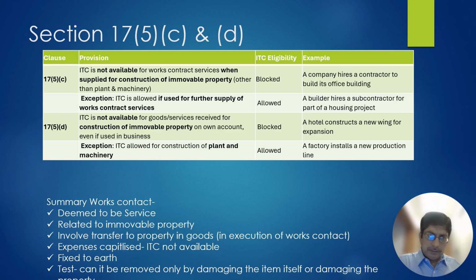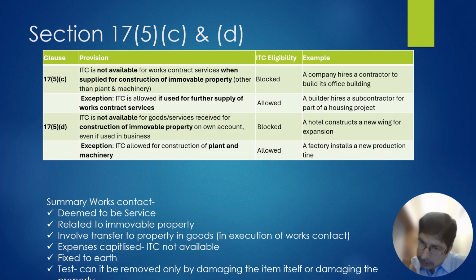First thing is that a works contract is deemed to be a service. In the old service tax regime, there were huge litigations on whether this is service or goods, and whether VAT is payable or service tax is payable. In GST, it is deemed as a service. Works contract is a service.